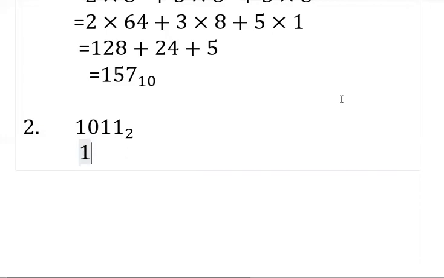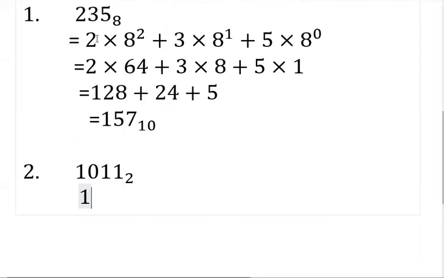As usual, the method we use here, don't forget this method: times 8 here because it's in base 8. This time around it's going to be what? Times 2 because we are dealing with base 2 here. Times 2 plus the next number is 0 times 2 again.